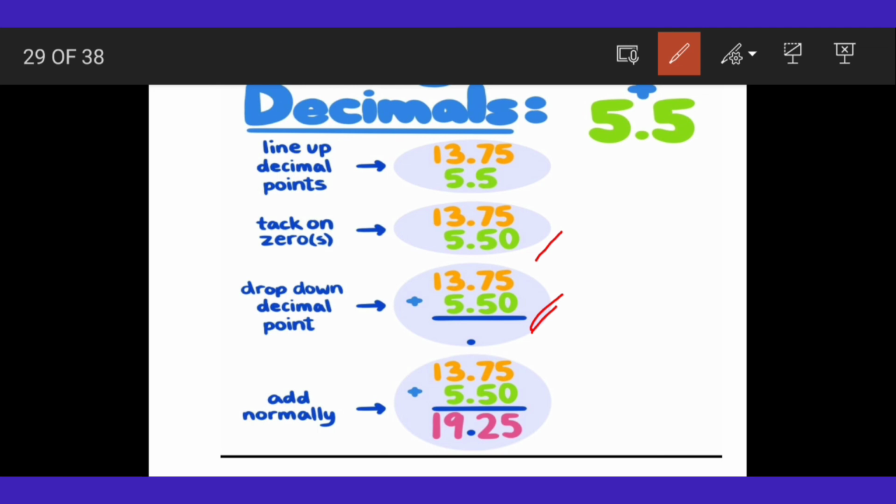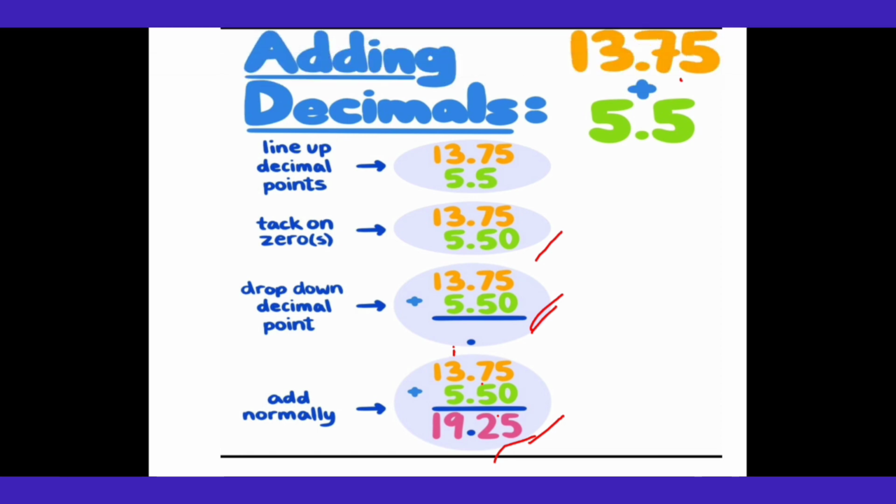Now you can simply add them. See here, 5 plus 0 is 5, 7 plus 5 is 12, so we will carry 1 here. Then 5 plus 3 is 8, plus 1 is 9, and 1 will be as it is. So it will be 19.25. Fine.